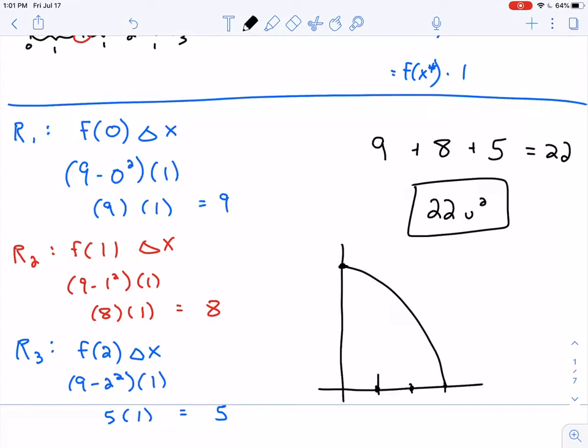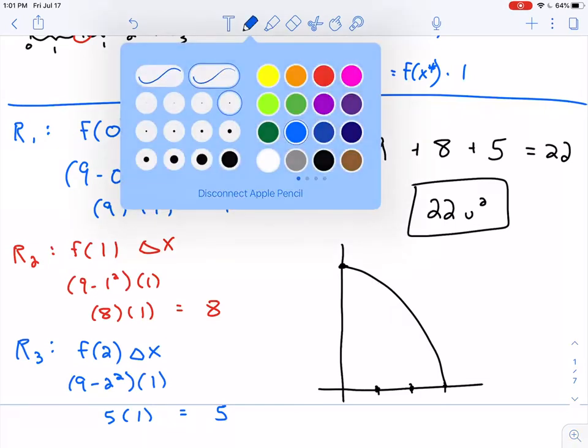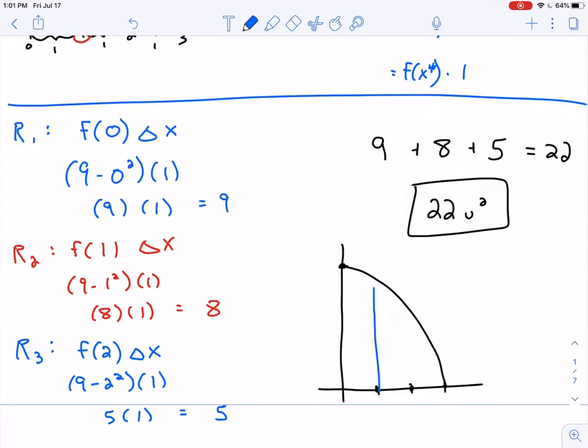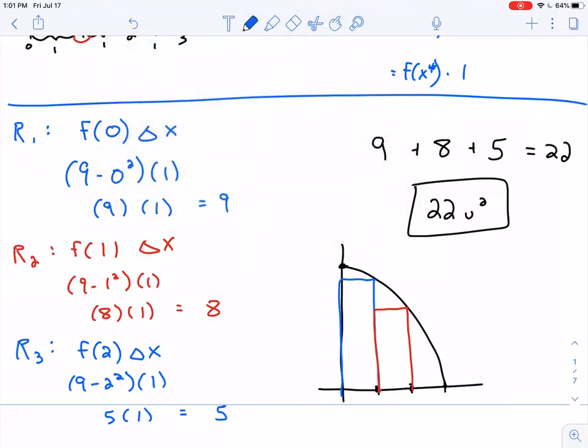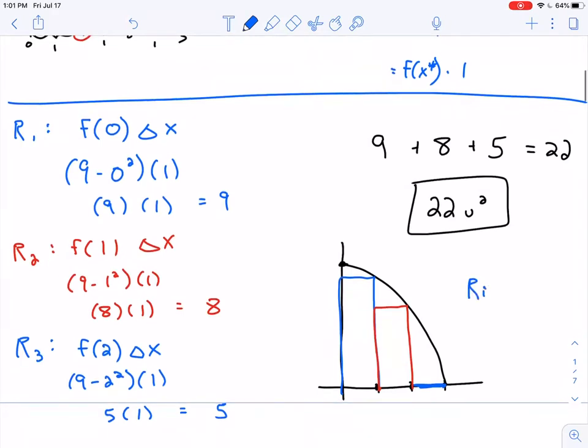If I used the right endpoints in this case, and let me draw those in a different color, if I did the right endpoints and drew in my rectangles, there's one, there's one, and then one more. Actually, this one's kind of weird because this one doesn't have a height. This is what my approximation would be for using right endpoints.